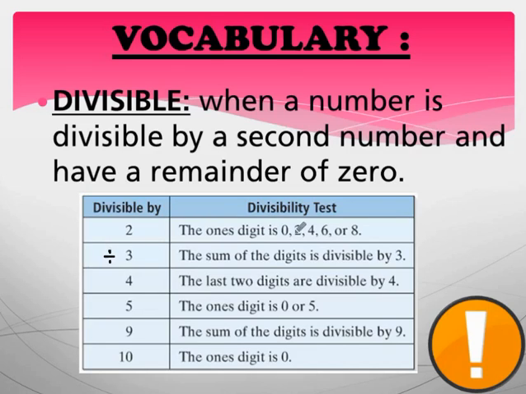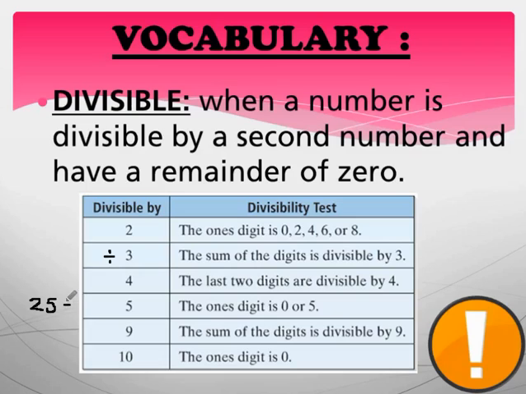We're going to be working with division. So, an example of a number that is divisible by 4: it is when the last two digits are divisible by 4. Divisible by 5, when the ones digit is a 0 or a 5. An example of that would be the number 25.